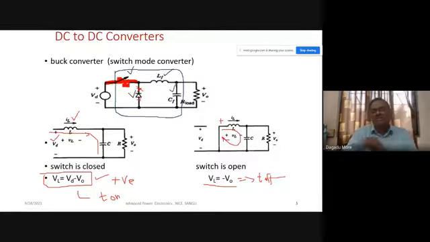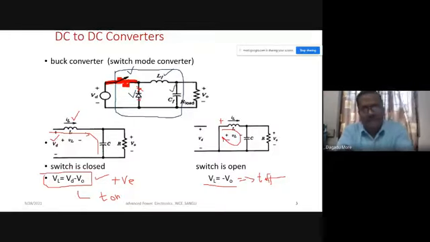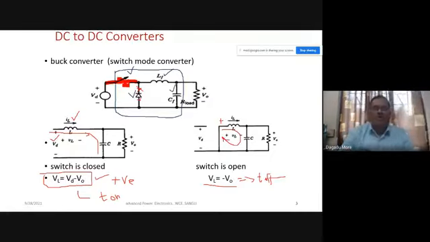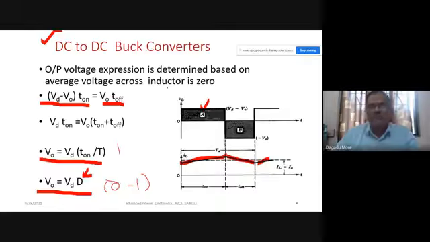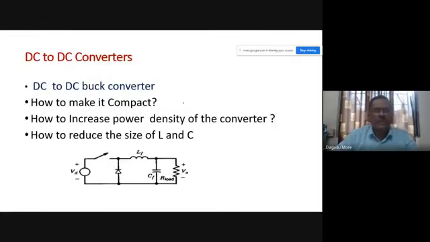These are the power components of the DC to DC converter, and there will be a control circuit as well. So how to make it compact? We want to use small values of LF and CF.